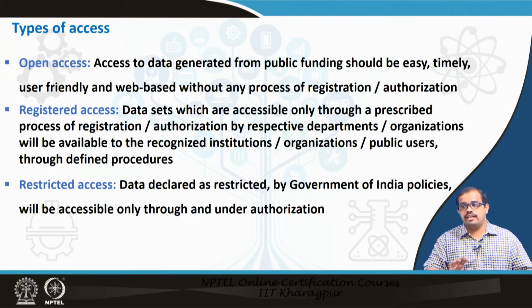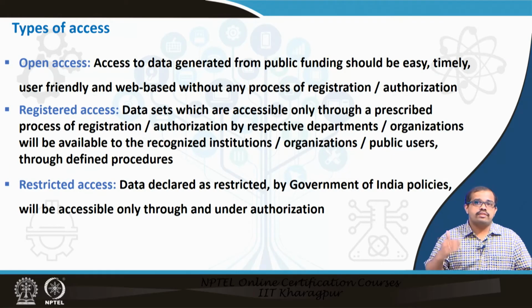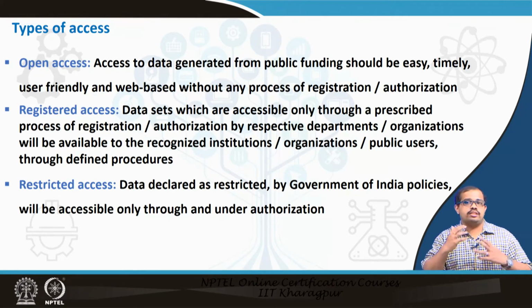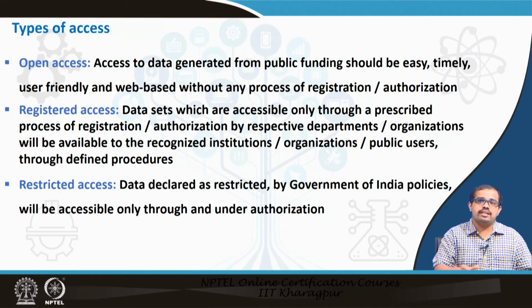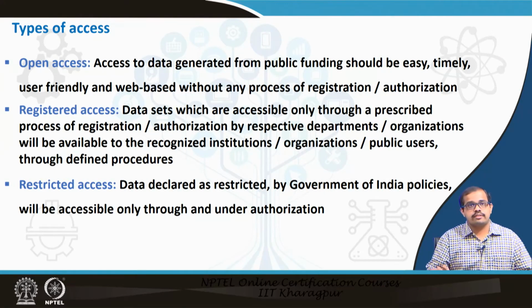So any data that is generated by public funding should be available to the public without any authorization or registration. Now it has to be web based. Before this, when the beta policy was proposed, web based was there, but now it defines very clearly that it has to be web based.